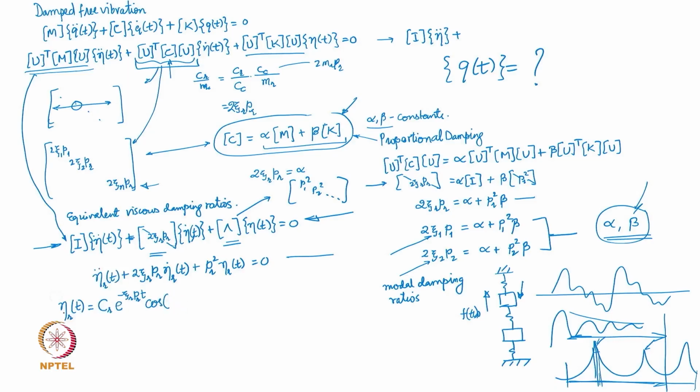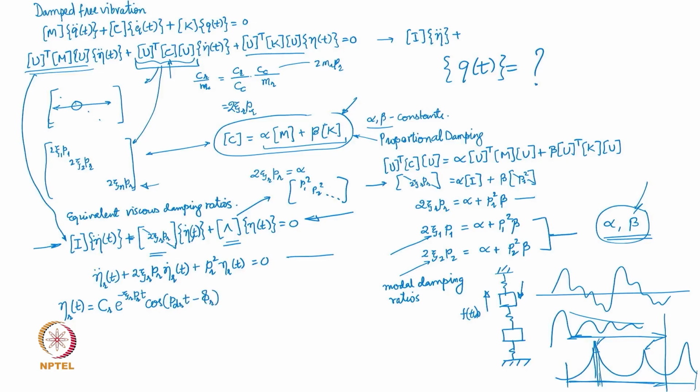Now this is not pr, no? pr from the eigenvalue analysis is the undamped natural frequency. Here in the damped case, the frequency is going to be a damped natural frequency. So, to be very precise, I can write this as pdr t minus phi r.